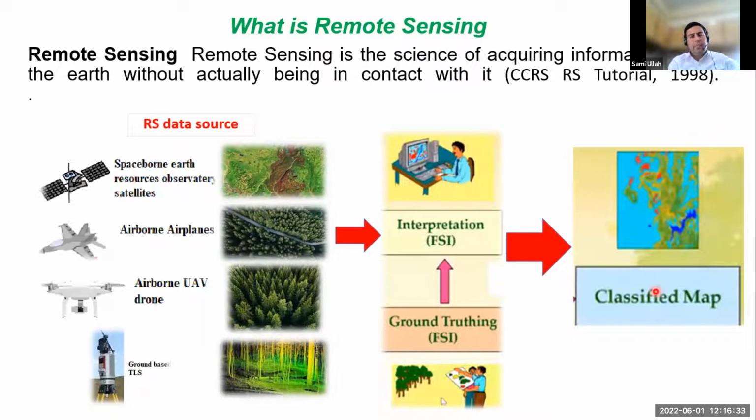A very simple example is the human body. Our eyes are a sensor, and our body is a kind of platform, like the satellites. Our body carries the sensor, our eye, from one place to another.